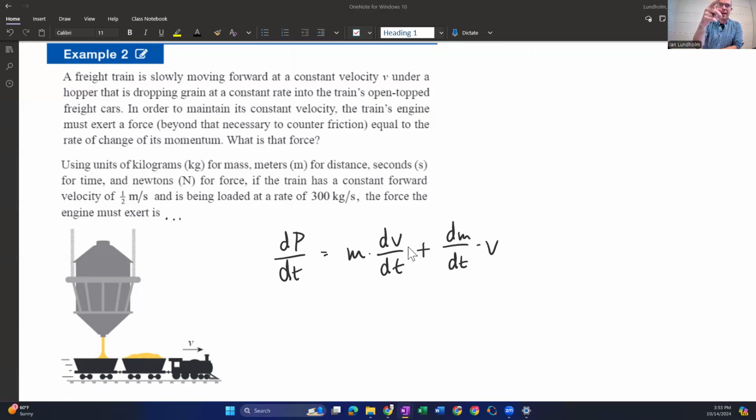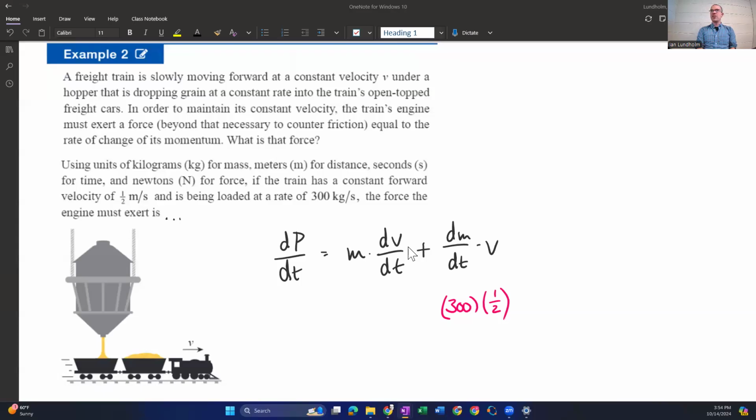We're being loaded at a rate of 300 kilograms per second. So 300 looks like a good thing for rate of change of mass. The constant forward velocity is 1/2 meter per second. So let's go ahead and throw in 1/2 meter per second for our velocity.